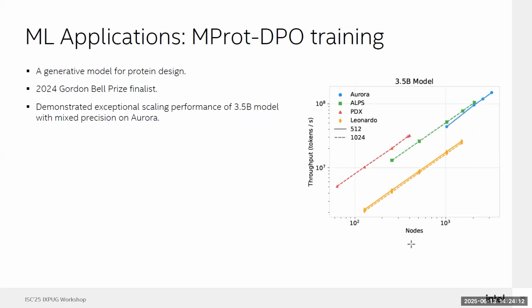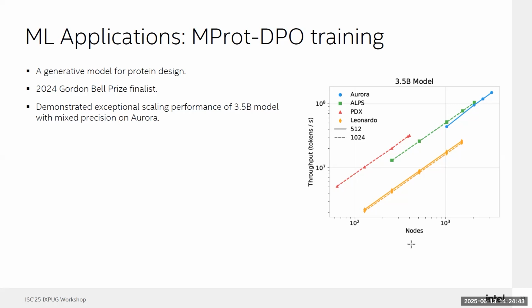And the machine learning application uses the oneCCL library for collective communication. The large application that would run on the Aurora supercomputer is the Megatron-DeepSpeed that Argonne submitted to the Gordon Bell Prize in 2024. It was one of the finalists.